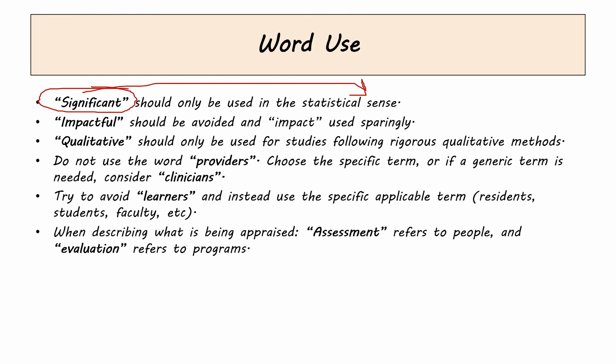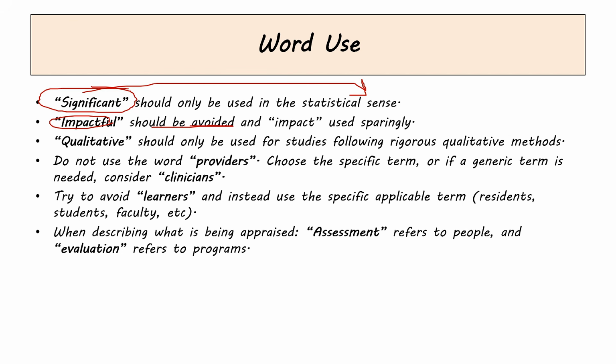If you mention that this information is significant, anyone reading this sentence can think that you are talking about statistical significance, about p-values and like that. So always use other terms for describing an important issue. Okay, and don't use impactful. You can use the impact of. For example, impactful should be avoided when writing your case report.